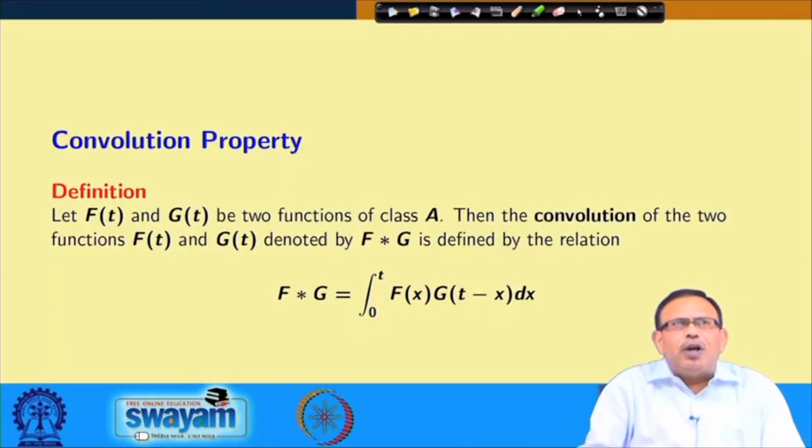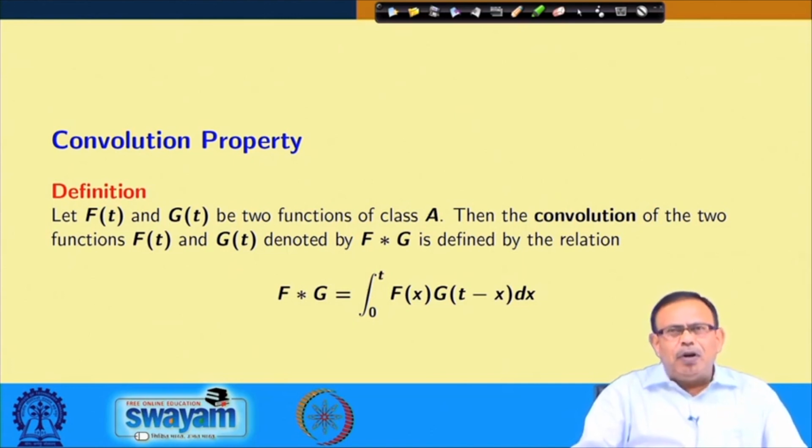Now, let us come to a very important property of Laplace transform. This property appears in various places. I will discuss it with respect to the Laplace transform, and later whenever we go for the other transforms. We call this property the convolution property. Suppose f(t) and g(t) are two functions of class A. Please remember, class A means they are piecewise continuous and of exponential order a.